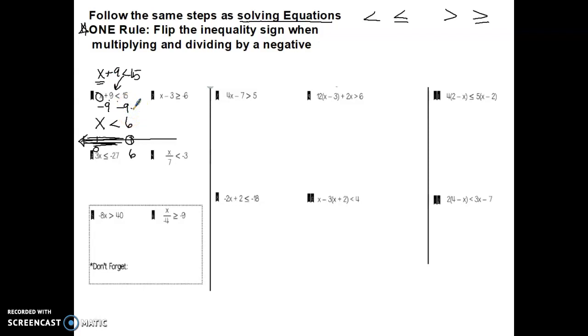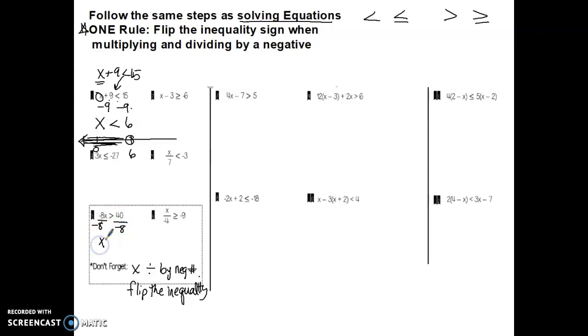There's one thing I want you to remember, though. When we are multiplying and dividing by negative numbers, we have to flip the sign. So when you're multiplying by a negative or dividing, you need to flip the inequality. So on that first question, when it had negative 8 times x, we're going to divide because we want to know what 1x is.